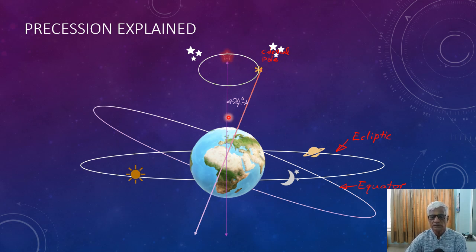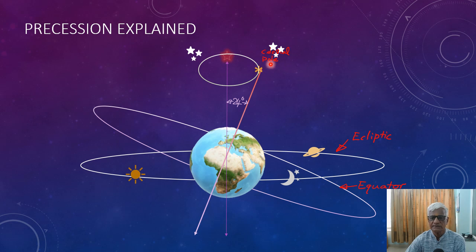And this line, which we see here, passing through the center of the Earth, is running north-south. Here it is running east-west from the Earth's point of view. The line running north-south is the axis of the Earth, and as you project it towards the sky, it is pointing to a star called the pole star.